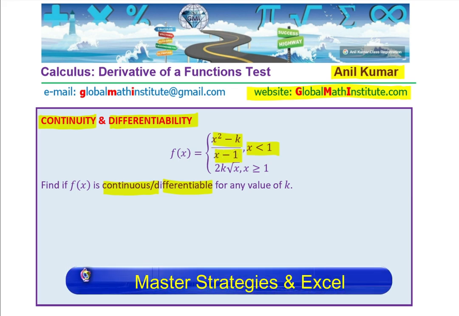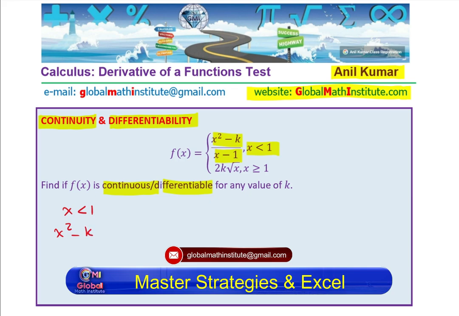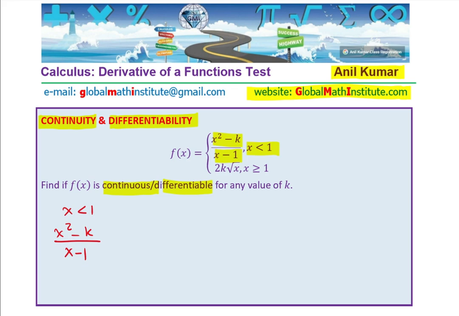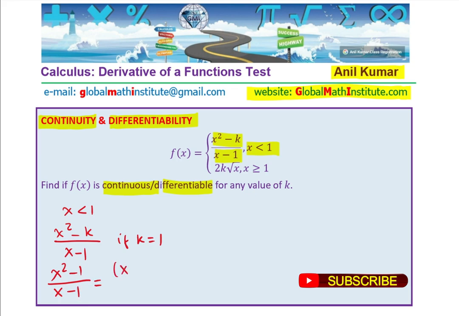Now let's analyze this particular function. When x is less than 1, we have (x squared minus k) over (x minus 1). If k equals 1, then we get (x squared minus 1) over (x minus 1), which can be written as (x plus 1)(x minus 1) over (x minus 1).